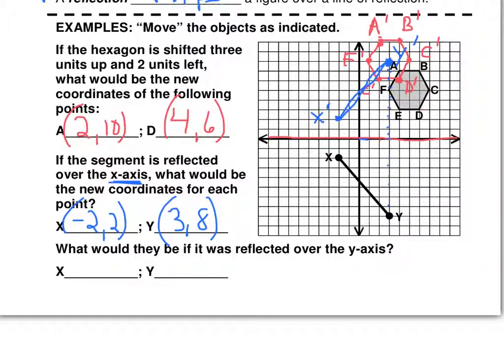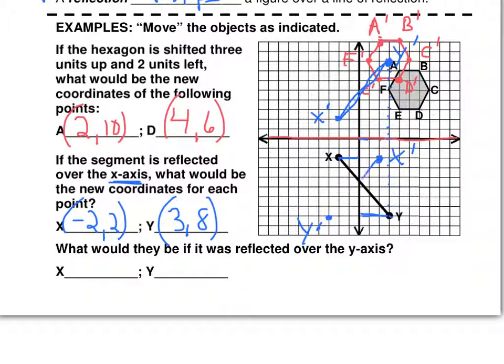Now, if I wanted to reflect it over the y-axis, where is the y-axis? Well, the y-axis is right there. So I'm going to reflect the x point and the y point across that y-axis. This x is 2 places to the left, so I'm just going to put it over here, so that would be x prime. And then I'm going to take this y, and it is 3 places to the right, so I'm going to put it 3 places to the left. So that would be y prime.